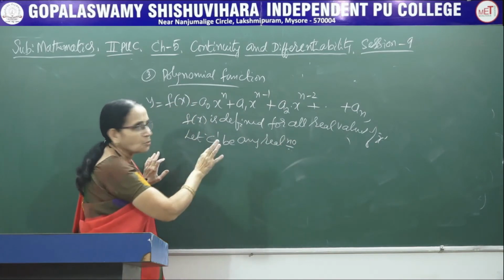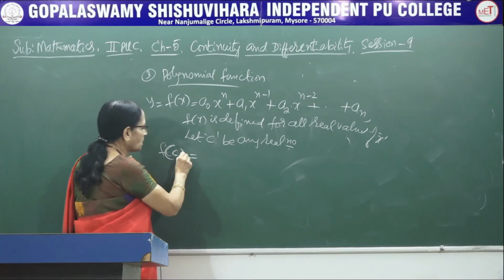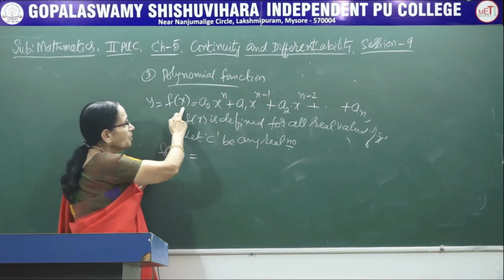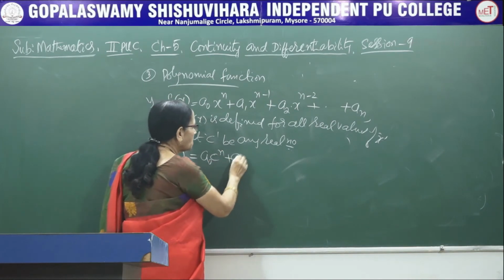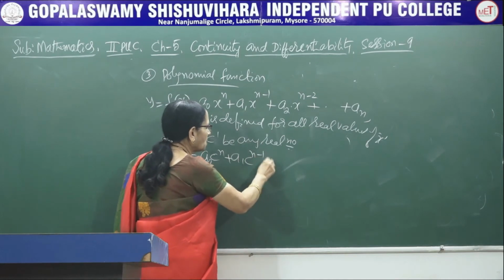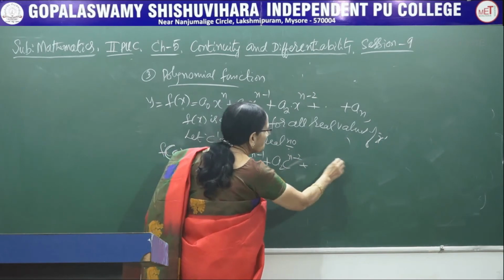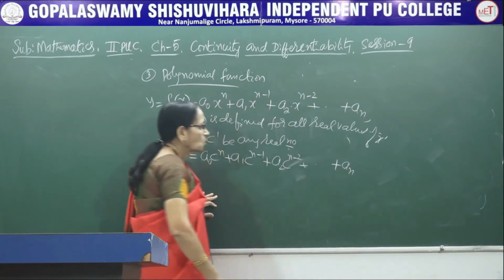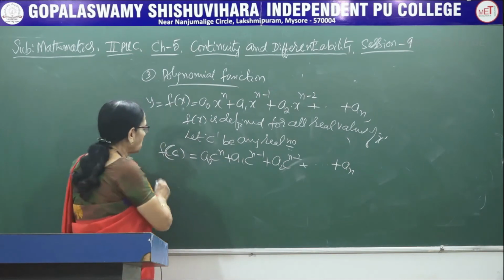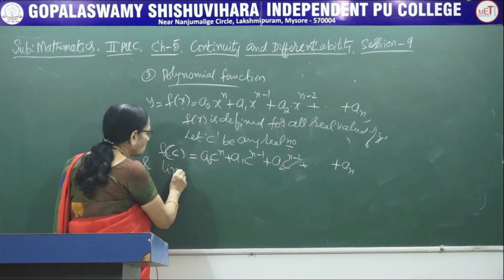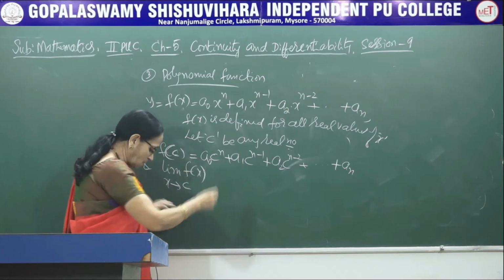So, c is of course in the domain, and I find the value of the function at c. That is, f of c is a0 c to the power n plus a1 c to the power n minus 1 plus a2 c to the power n minus 2, etc., plus an. Now, this is the value of the function. Now, to know the continuity, what is the next step we do? We calculate the limit of the function as x tends to c.